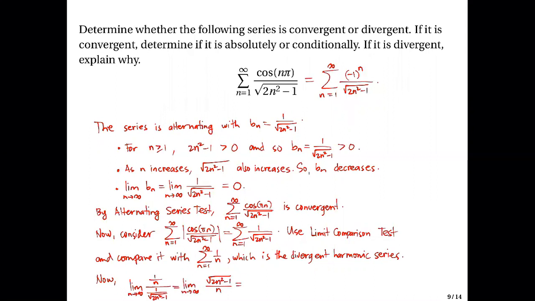But this is also equal to the limit as n approaches plus infinity of square root of (2n squared minus 1) over n squared. And check that this is just square root of 2 as n approaches infinity, which is greater than 0.